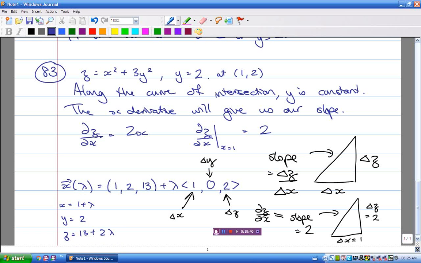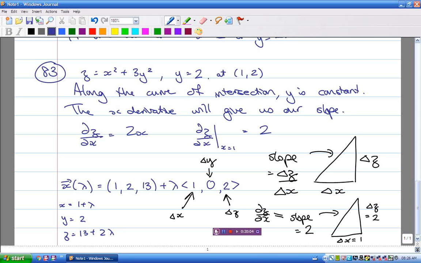Of course, I could find the curve of intersection the way we were doing about a week ago, which is how would I do that? I'd plug my y equals 2 into that. I'd get z equals x squared plus 12.